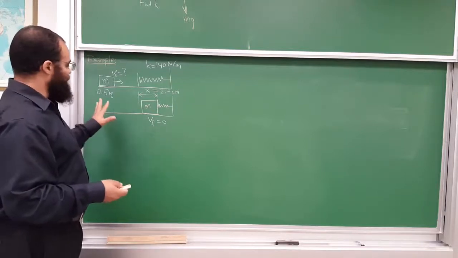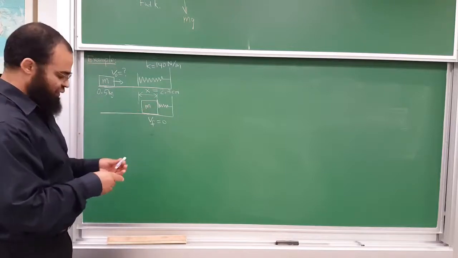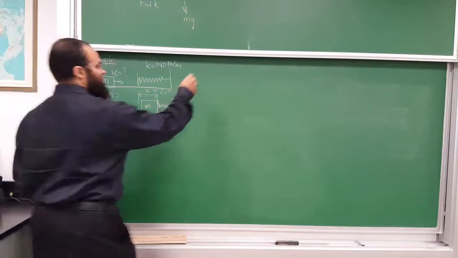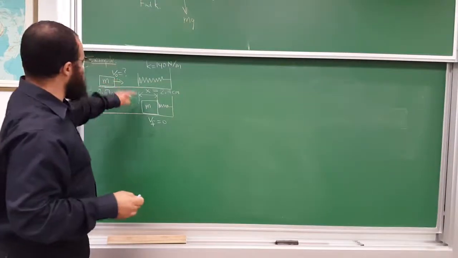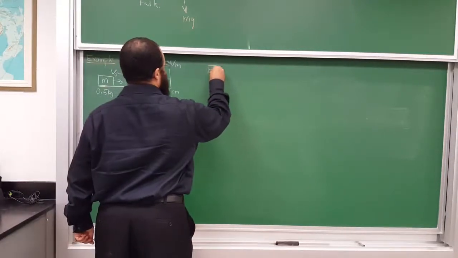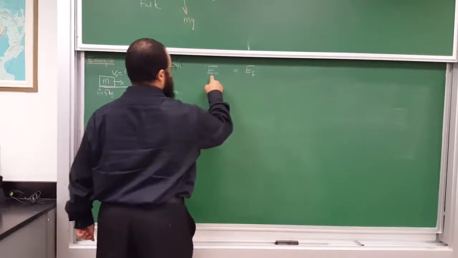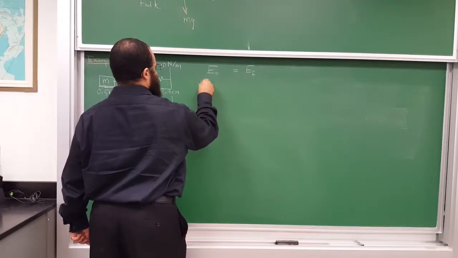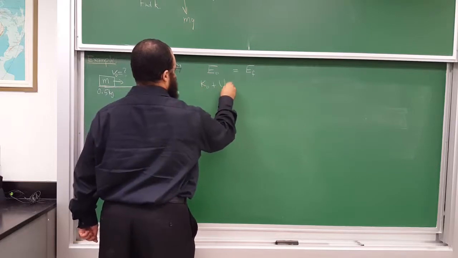So we only have the spring and the mass interacting with each other, and so the total energy is conserved. Here I'm using 0 for initial and f for final. So the total energy at the beginning should equal the total energy at the end. Total energy at the beginning consists of kinetic energy plus the potential energy at the beginning.